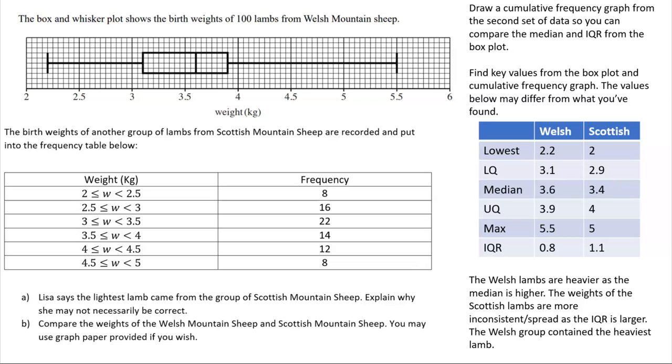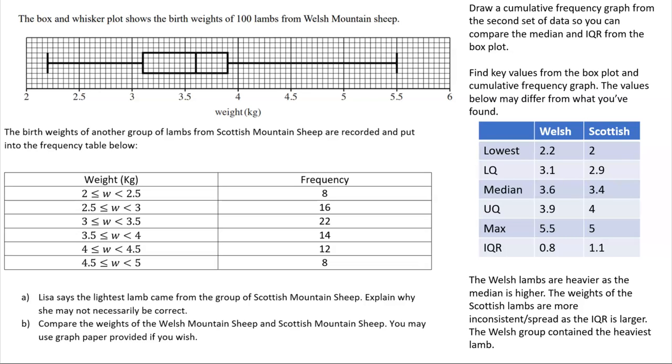Then the weights of the Scottish lambs are more inconsistent, or more spread, as the interquartile range is higher. Again, these are the values I get. Yours may differ. You might get anything from 0.9 to 1.3 for your interquartile range there. Anything within that range sounds sensible.